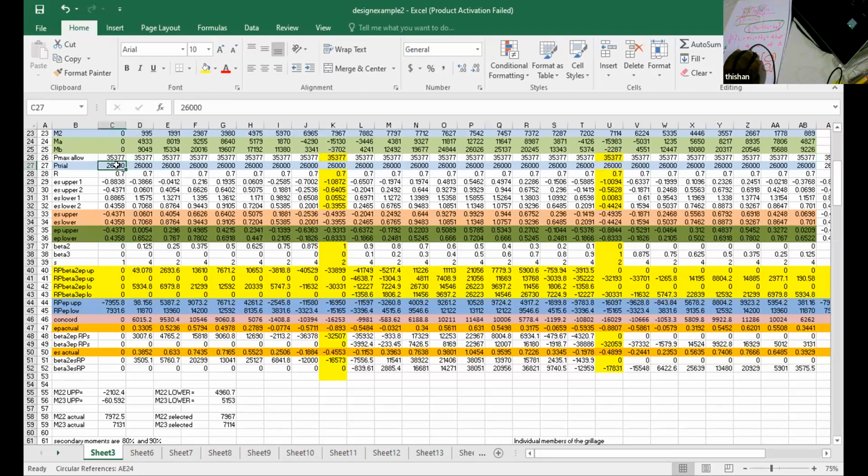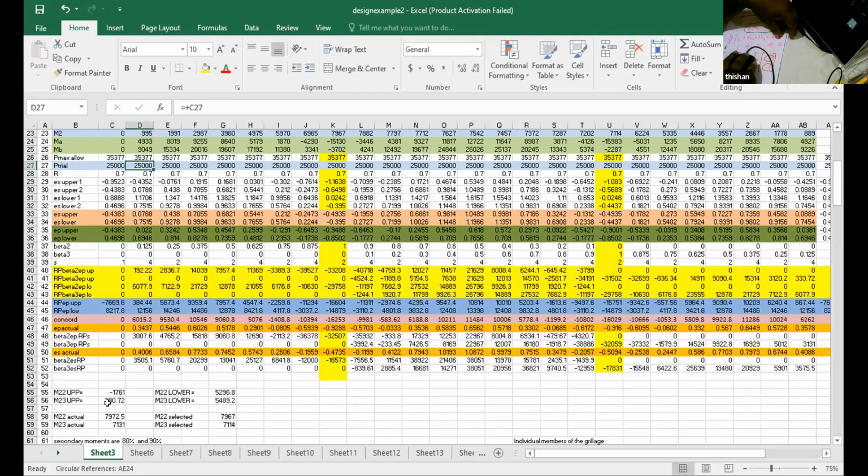But when I use 25,000, you can see at one support, it is okay. At the second support, one is negative, other one is positive. But at the second support, both are positive. That means I cannot find the 0 in between. That means 25,000 force is not sufficient.